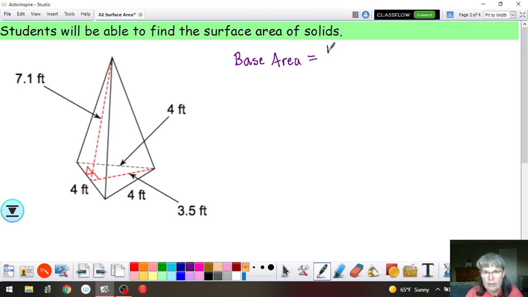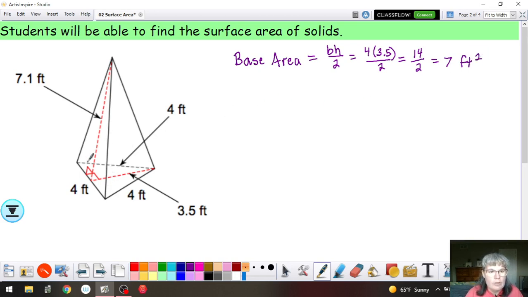Remember, for a triangle it's going to be base times height divided by 2. So 4 times 3.5 is 14. Divide that by 2 and we have 7 square feet.